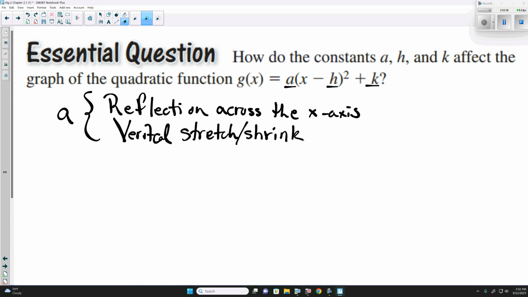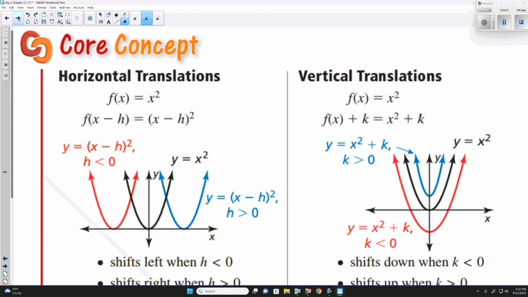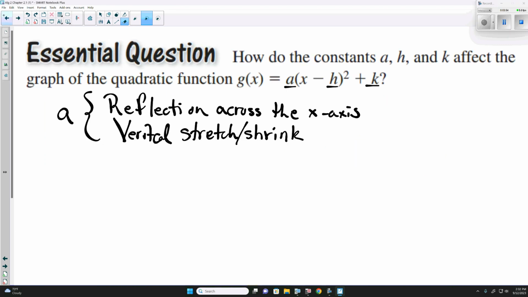I only paused because I was still trying to figure out how to spell vertical for a minute. I've been spelling it all day. V-E-R-T-I-C-A-L. I needed to switch the T and I. Vertical. Vertical stretch or shrink.